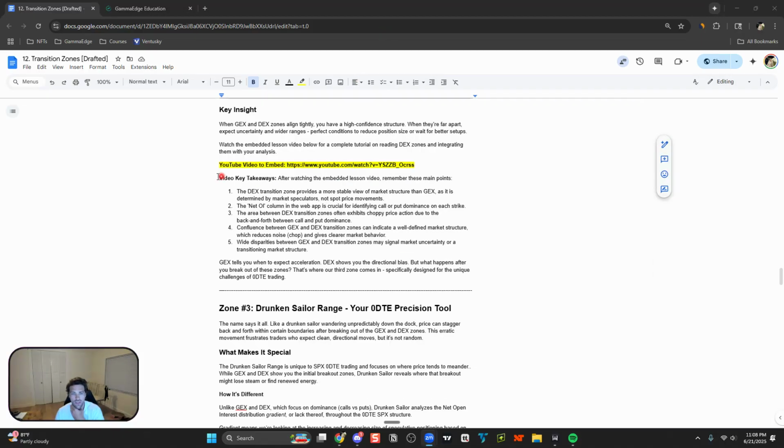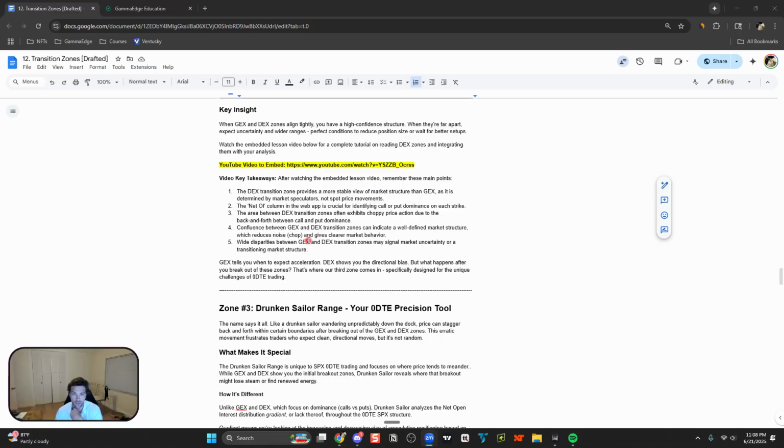Right, and the key takeaways from the video are this: the DEX transition zone is a more stable view than GEX, as it's determined by the distribution of speculation and not necessarily spot price movement. The net OI column within the dashboard is the critical way that we understand where this transition zone is. The area in between the top and the bottom of the DEX transition zone often exhibits choppy price action.